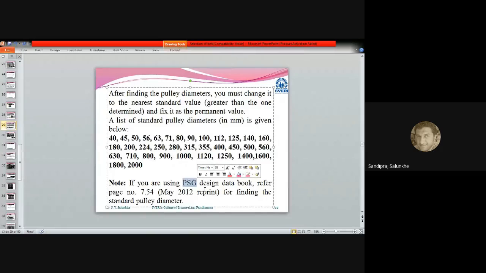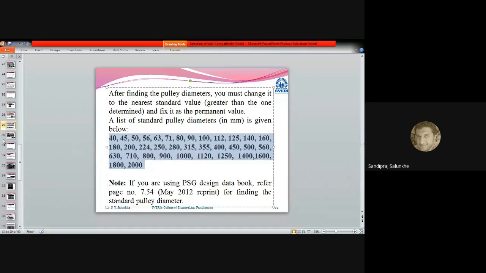So every time it is not necessary to mention the page number, but you will find all this data in the PSG design data book. Also, if you want, you can find this table and data in Bhandari's book as well as Sigle's book, under the unit of selection of belts.